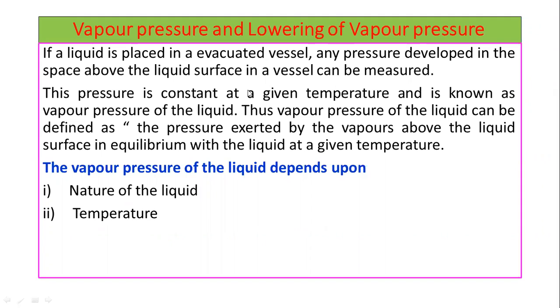So in this lecture, we are going to discuss the vapor pressure and lowering of vapor pressure. In the previous lecture, we discussed what is a solute, what is a solvent, what is a solution, what are the colligative properties, how we can express the concentration of the solution, that is molarity, molality, and mole fraction.